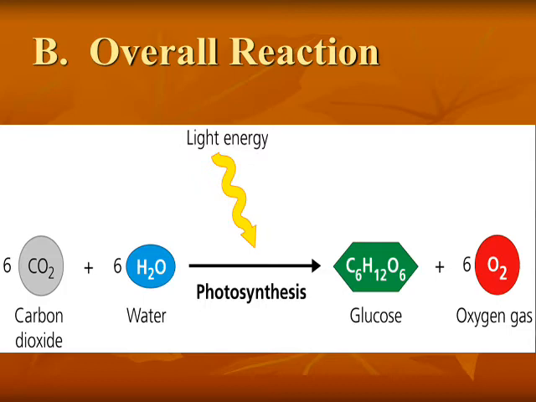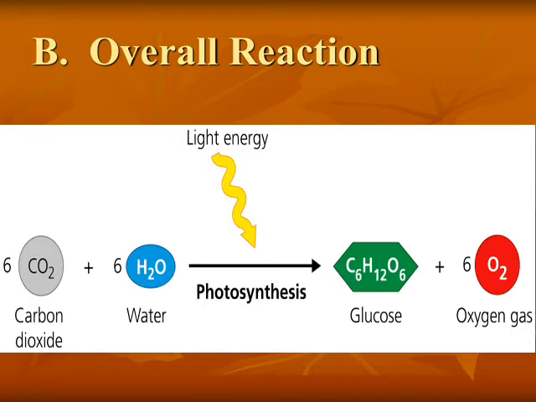And the end result of that is 1 molecule of glucose, which is C6H12O6, plus 6 molecules of oxygen. This is a chemically balanced equation, which means if you count all the C's, H's, and O's, you will have the same number of carbons, hydrogens, and oxygens on either side of the arrow.